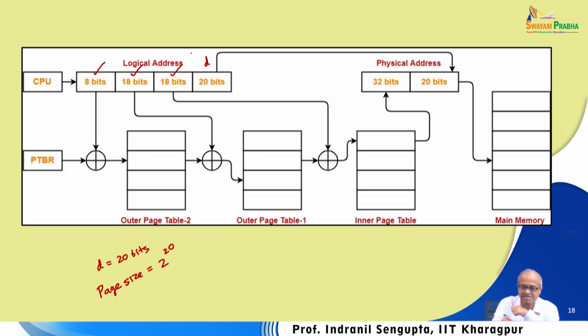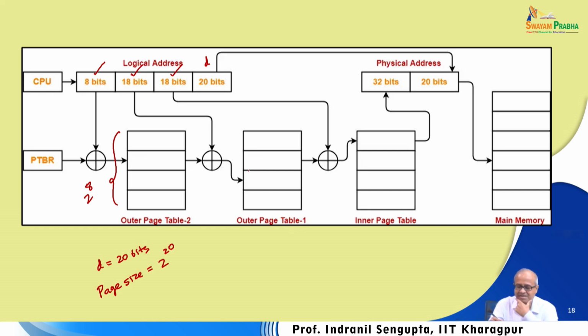So, 8 bits will be used to access the outer page table, there will be 2 to the power 8 entries. Next 18 bits will be used to access one of the inner page tables, inner page table 1, whatever you say.